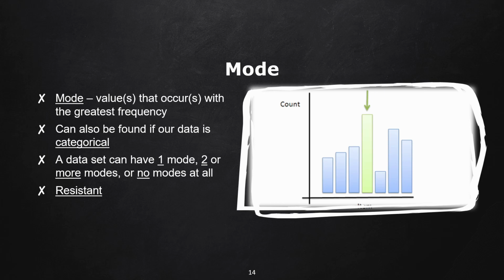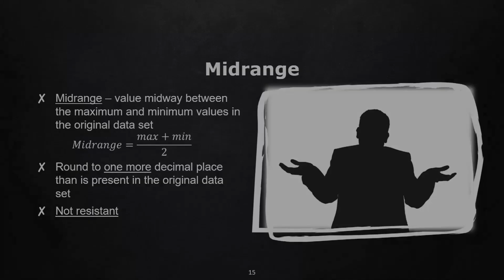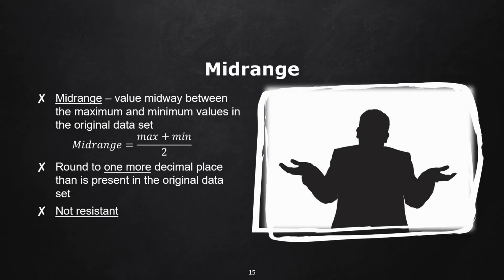And speaking of not too great of a measure of center, we got the mid-range. It's a value midway between the max and min from the original data set. The formula is pretty self-explanatory. You add the maximum plus the minimum and divide by 2. We have the same rounding rule, round to 1 more decimal place than the original data.